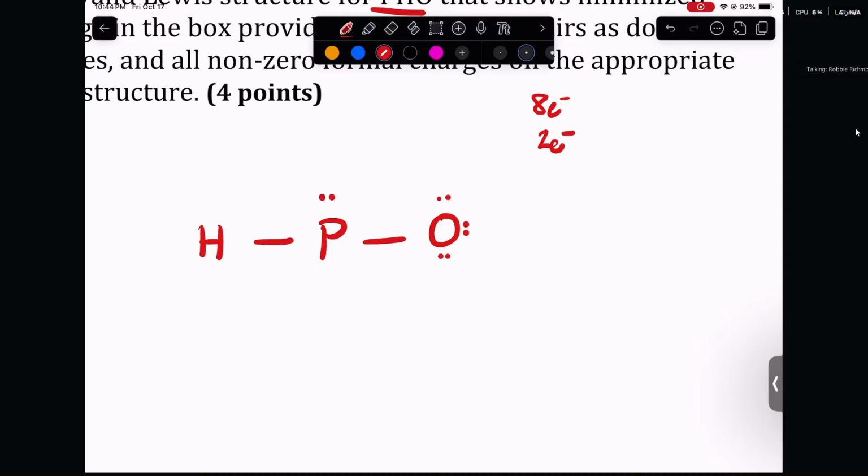Alrighty, big issue here. We don't have to check formal charges. We don't have to do anything. The octet rule for phosphorus is not going to be fulfilled. While phosphorus does have the exception of being within the 3p period where it can have an expanded octet, that's only an expanded octet.